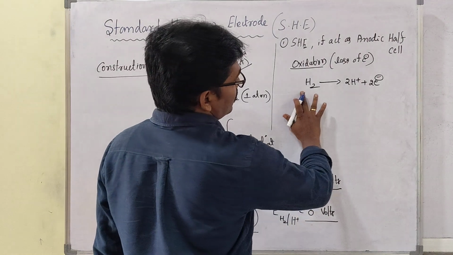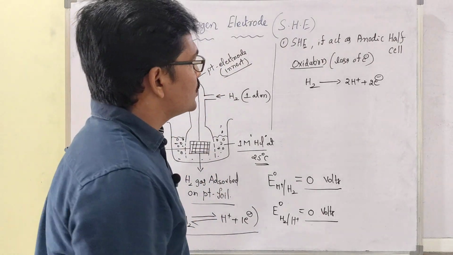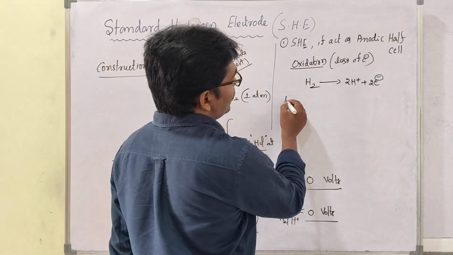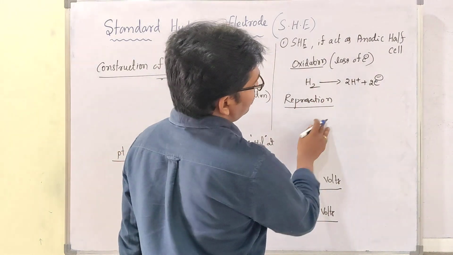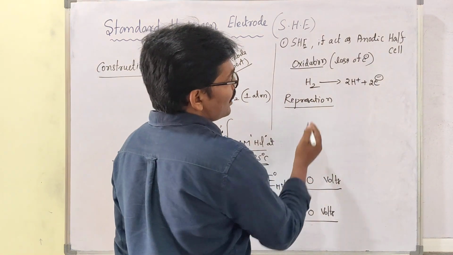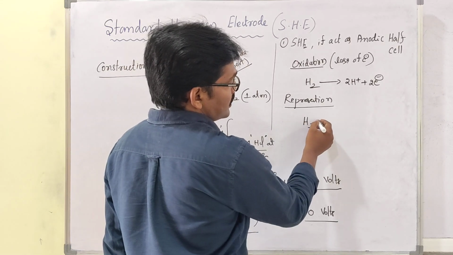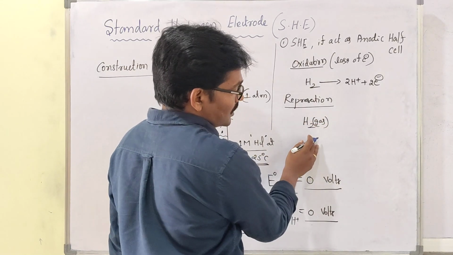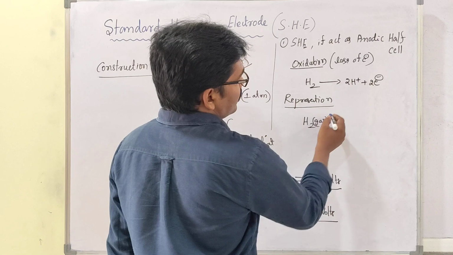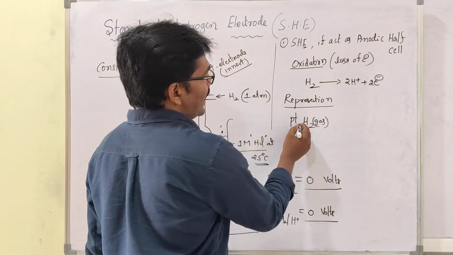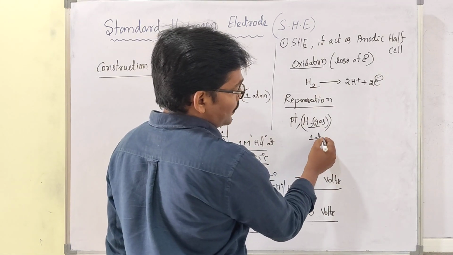Then oxidation happened, and when oxidation happens we connect it as the anode. So how do we represent it? For the representation, first you have to mention the anode. In the anode, hydrogen is a gas, so you have to mention it in the bracket. Then the platinum electrode, we have to mention the platinum electrode. Hydrogen gas, in the bracket, at 1 atmospheric pressure.